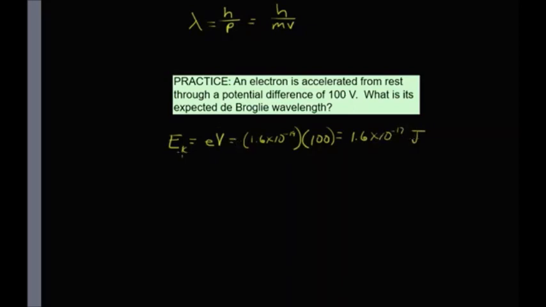Okay, so now that we have the kinetic energy equals 1/2 mv squared, we can solve this to find the velocity is equal to the square root of 2 times the kinetic energy divided by the mass. Make sure I set that up right.